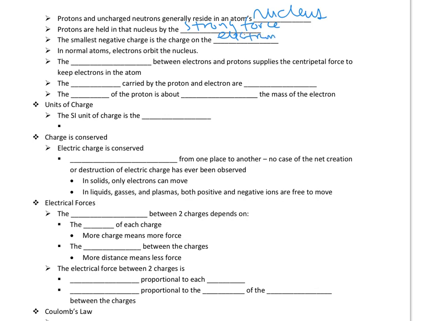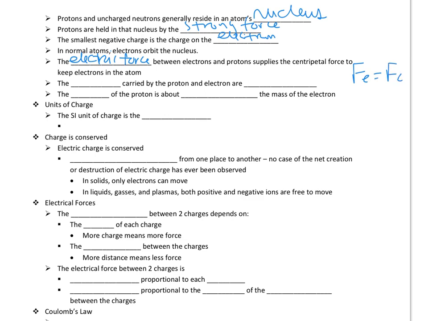And in normal atoms, electrons are going to orbit the nucleus. The electric force between electrons and protons supplies the centripetal force to keep the electrons in the atom. So in other words, this Fe for electric will be equal to the centripetal force for electrons.